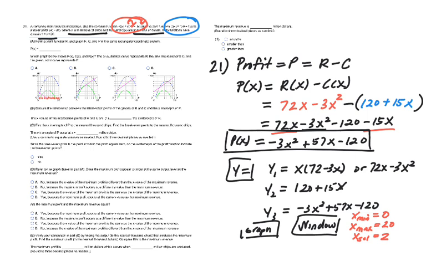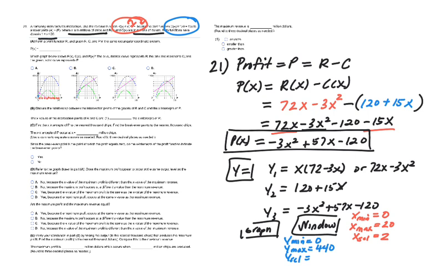For the Y min, we have 0. The Y max, we have 440. And then the Y scale, we'll count the tick marks here between 0 and 440.